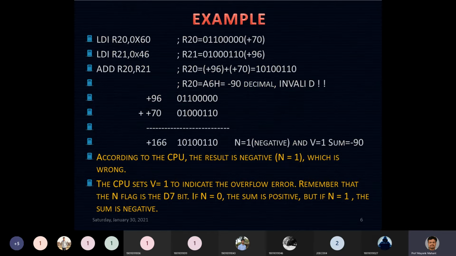This is explained here with the help of an example. Let's say LDI R20, 0x60.